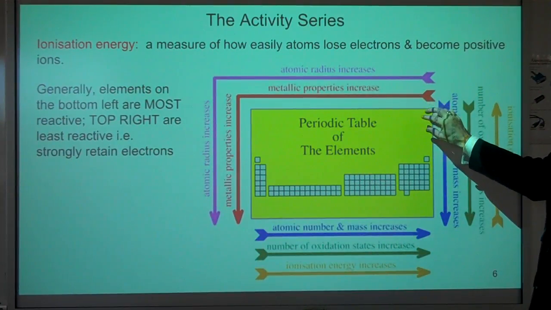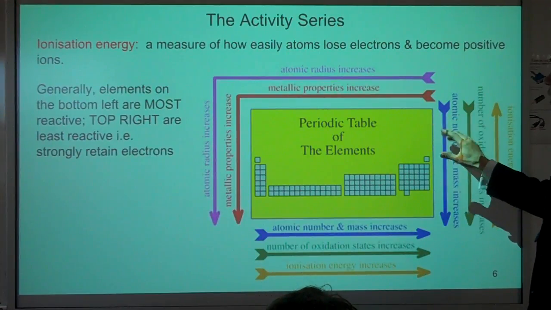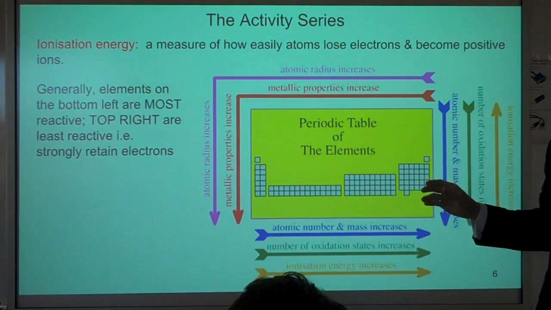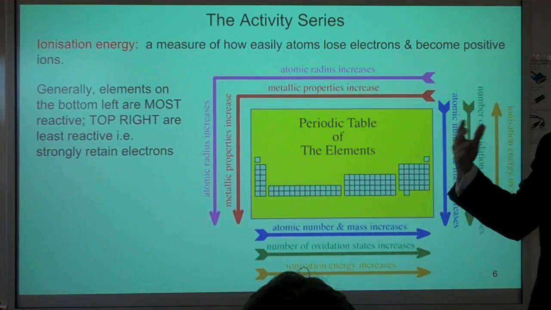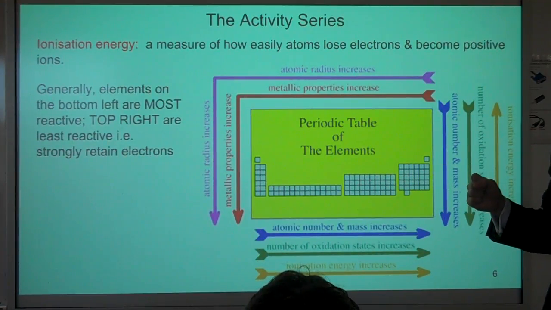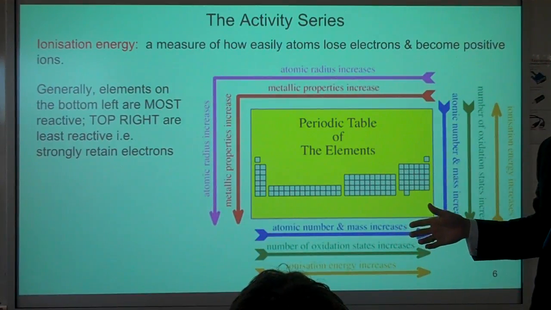The elements on the top right of the periodic table have high ionisation energy. They don't give up electrons easily, or rather, it would take a lot of energy to steal the electrons from them. You would need a lot of energy for them to form an ion.